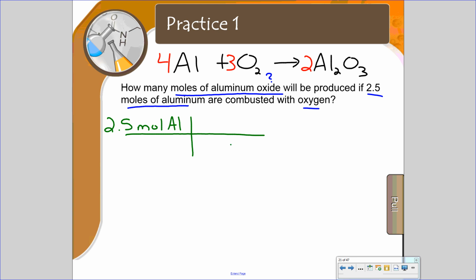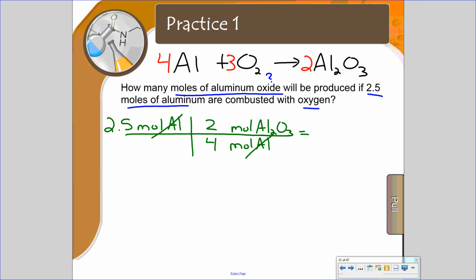Whatever unit's up top comes down the bottom. We're trying to get to aluminum oxide. And where do we find our mole ratio? It's still from the balanced equation. So what's in front of aluminum oxide is a 2. What's in front of aluminum is a 4. These cross out, and we're left with moles of aluminum oxide, which is what we want.